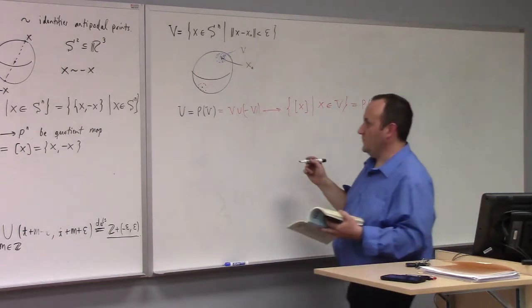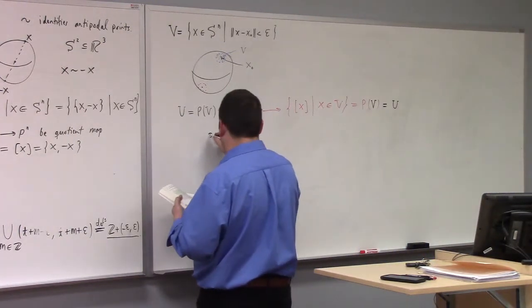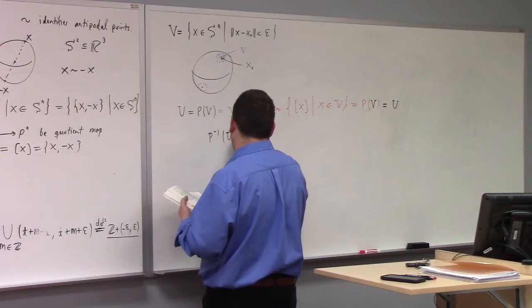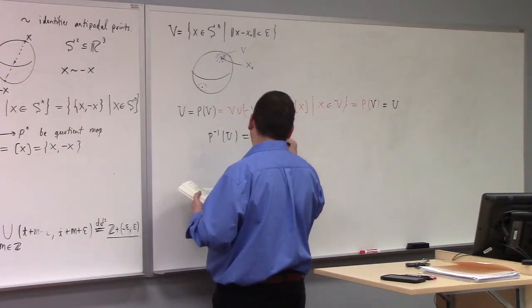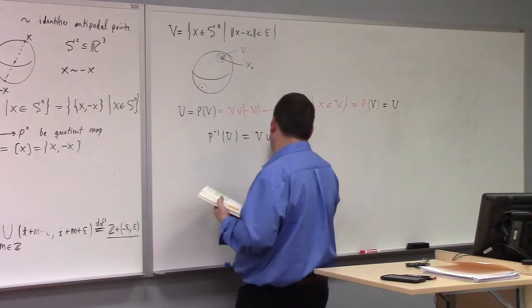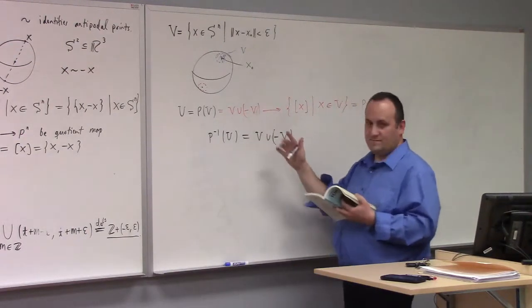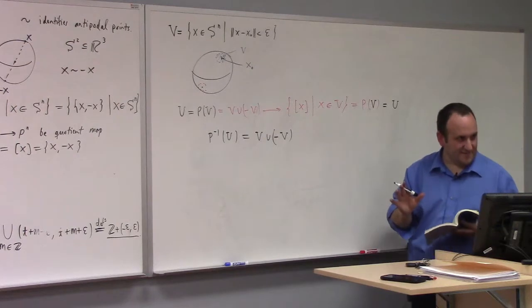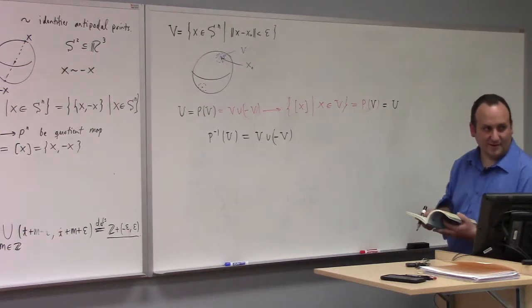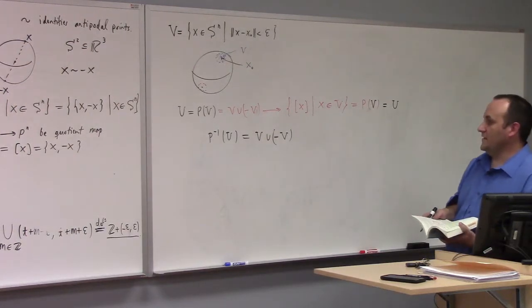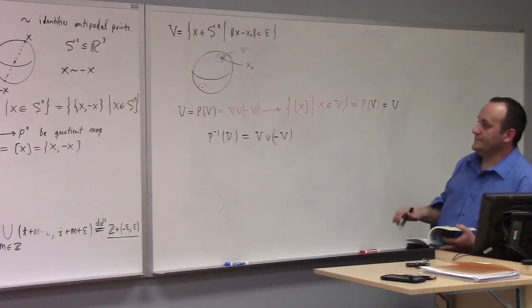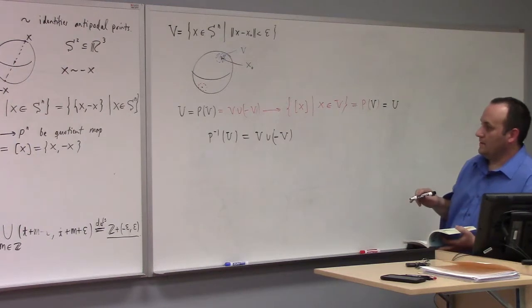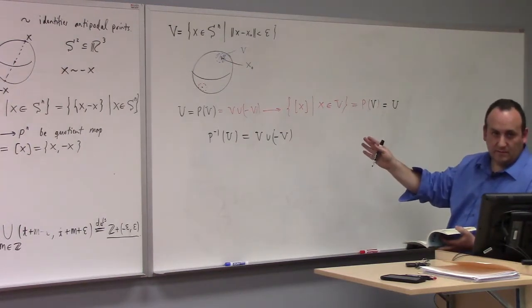The point here is that P inverse of U is V union with minus V, now you won't object, right? That's actually the honest to goodness truth. V union with minus V is the inverse image of this set of cosets, and that is indeed a disjoint union.